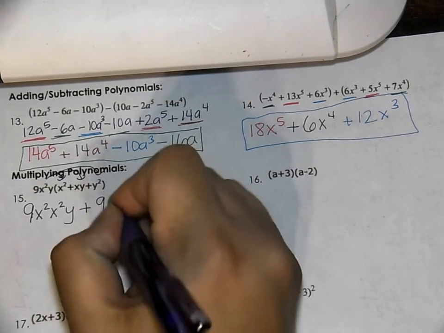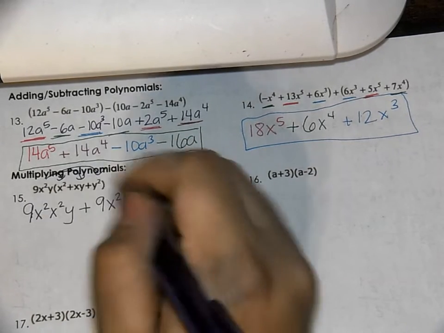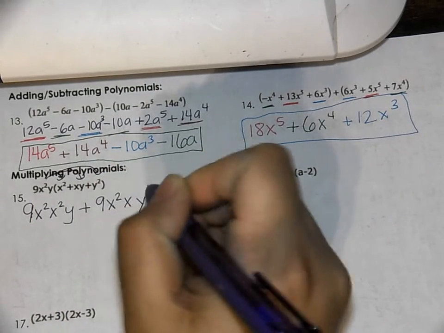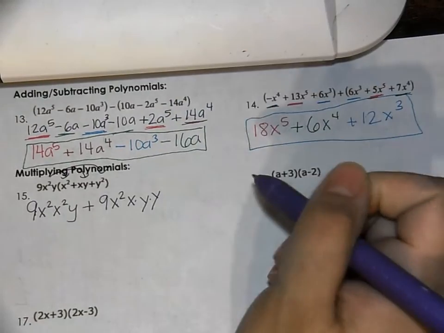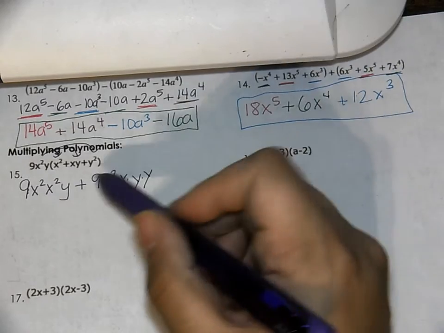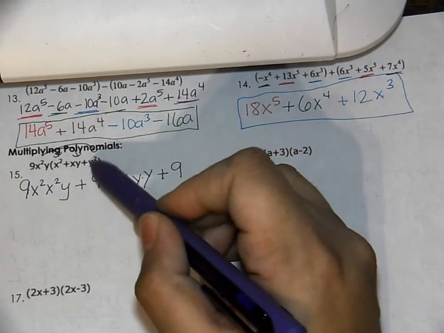But now I have an x squared, an x, because that's what was here, and then a y that was there originally, and then another y that I now have. You can either put dots if you want to, or just stick them next to each other. And again, we're going to simplify this in just a minute. Then we have 9, again, one more 9, because times there's no number.